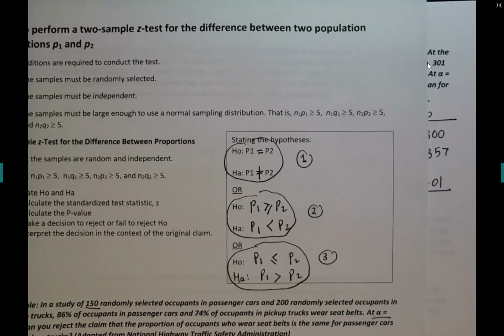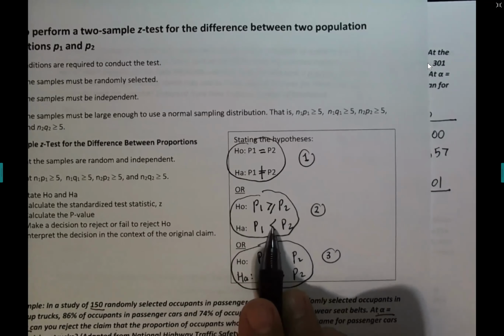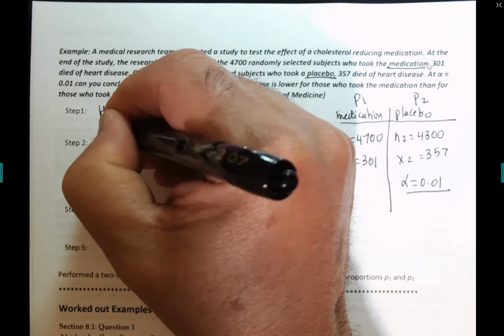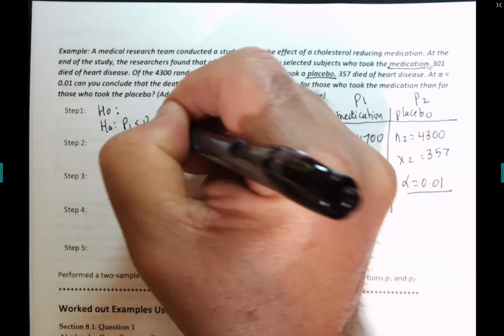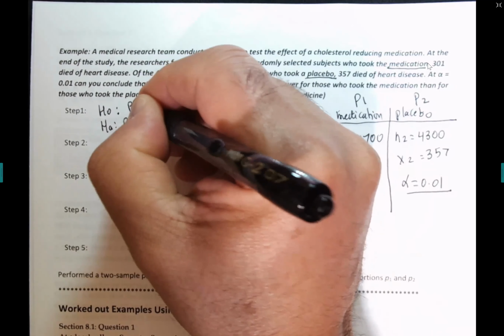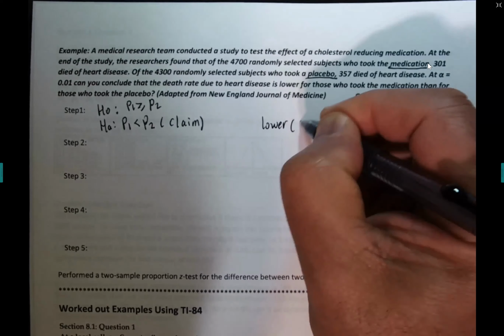You want the proportion of death to be lower for those who took the medication than those who took the placebo. Second. I agree, because that's lower, less than. Lower means less.